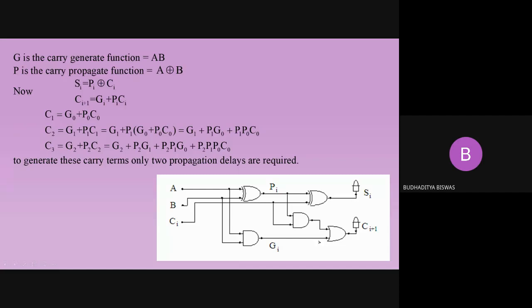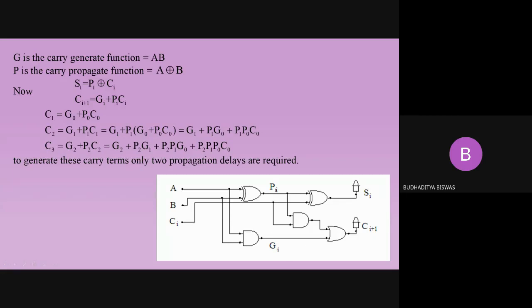Whatever the other input, if G equals 1, then the output is also 1. G is actually controlling the carry generation in this particular stage. If G equals 1, then the carry will definitely be generated and it will go to the next stage. That's why G is called the carry generate function.